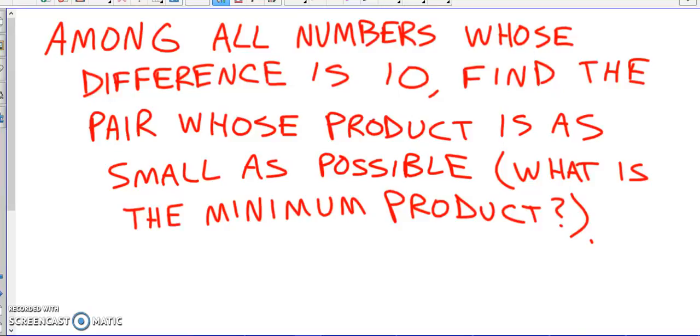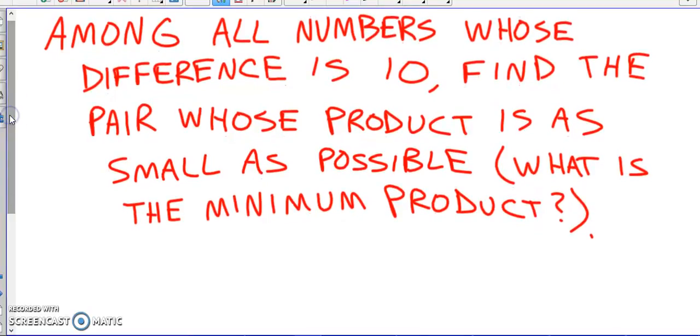I'm trying to maximize or minimize the product of the two numbers, right? So let's say one number is x and one number is y. What would the product look like? Not just y. If the numbers are x and y, then what does product mean?